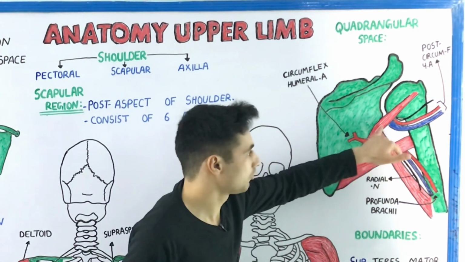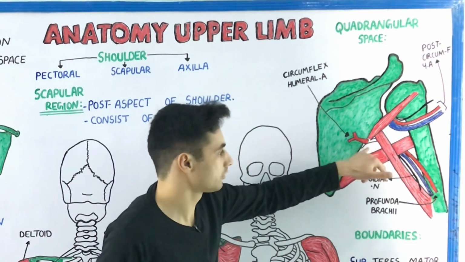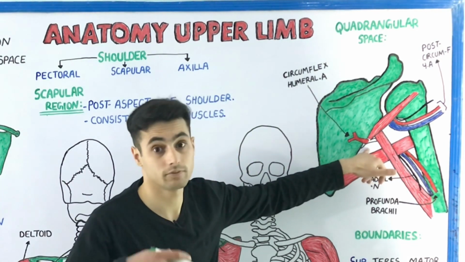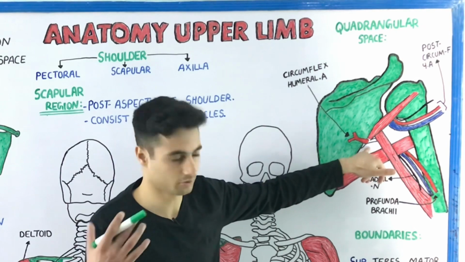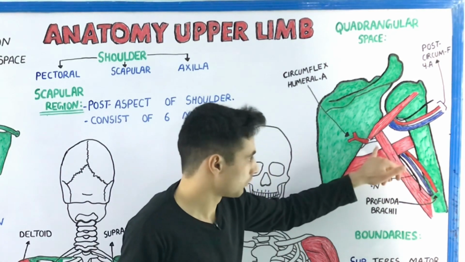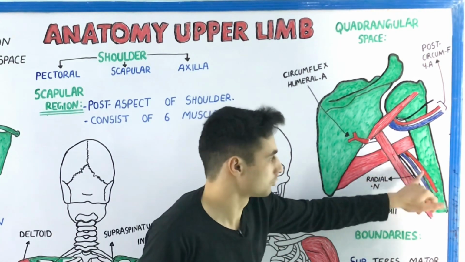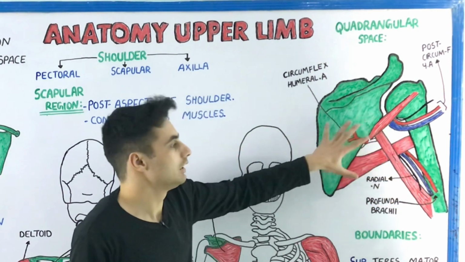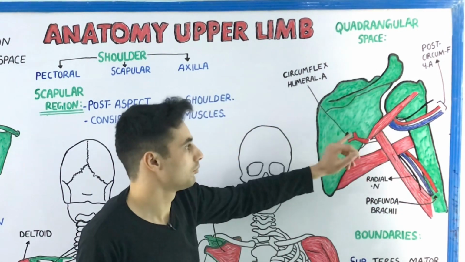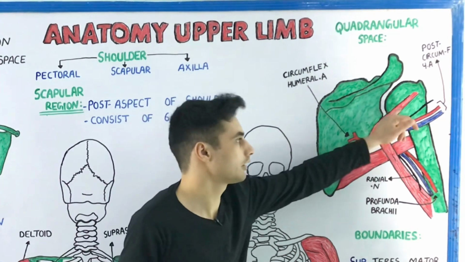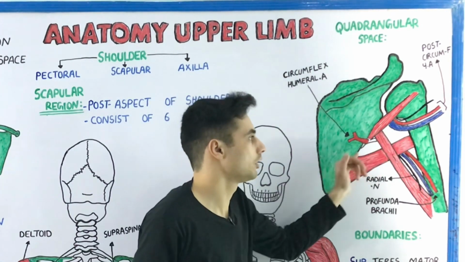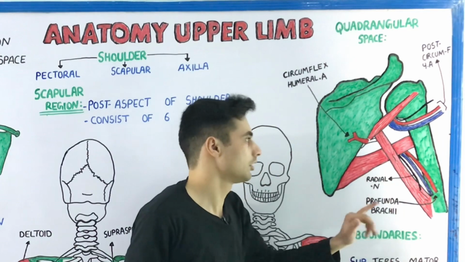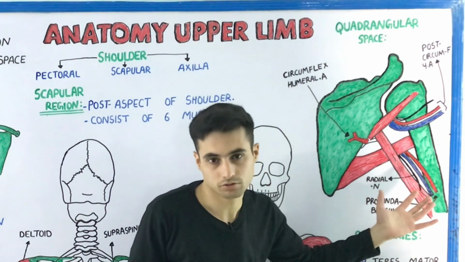This is the quadrangular space, and on the right side of the quadrangular space, we have the upper triangular space. Below the upper triangular space, we have another space. This is the lower triangular space. These spaces are created because of the attachment of the muscles to their respective ends. These are the intermuscular spaces.